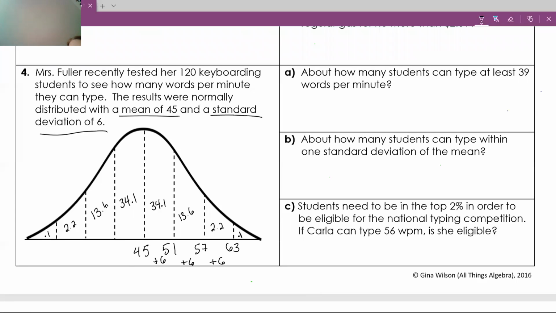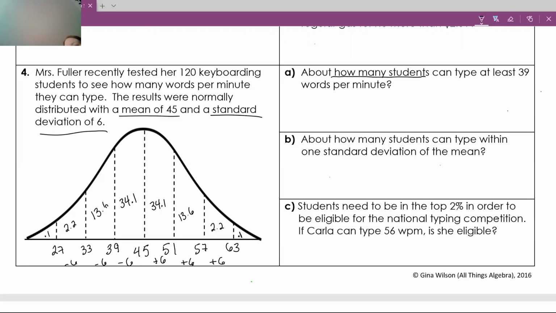And to go to the left, I'm going to subtract 6 from each one. And then I can answer my questions. Remember to double check if it says how many or if it says probability.